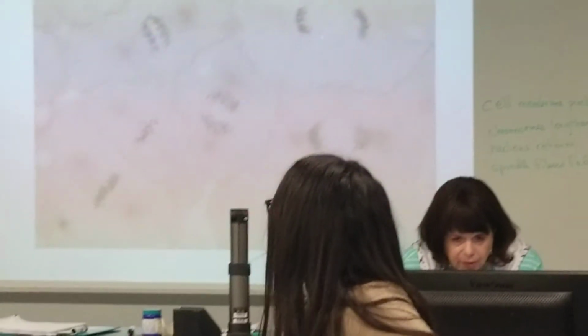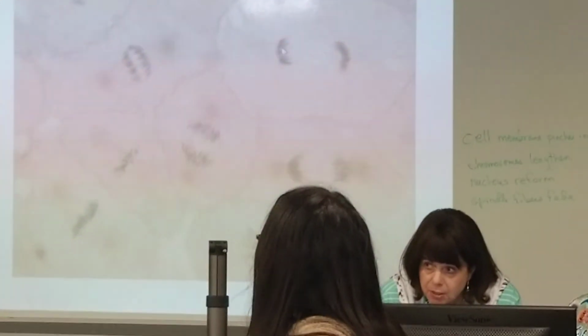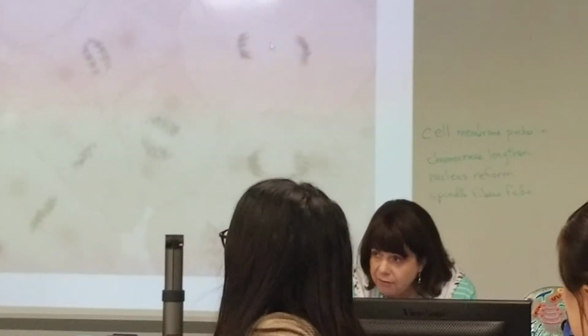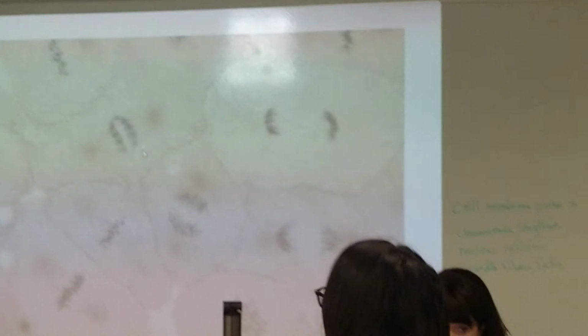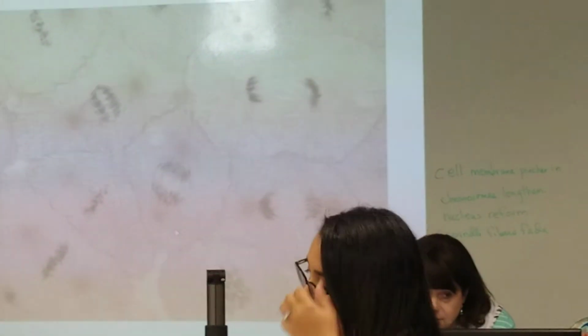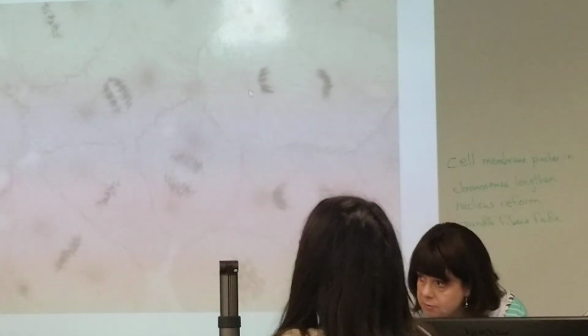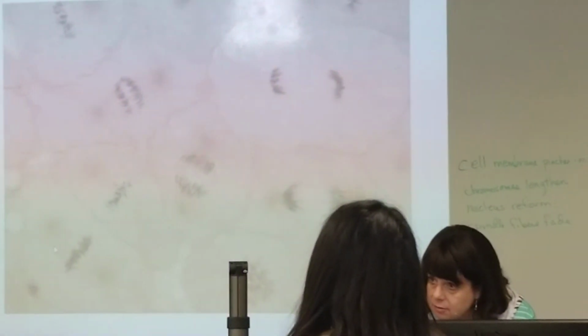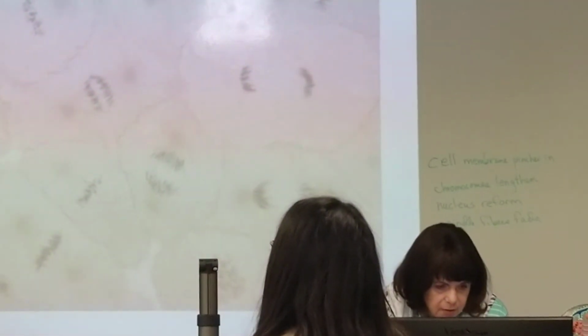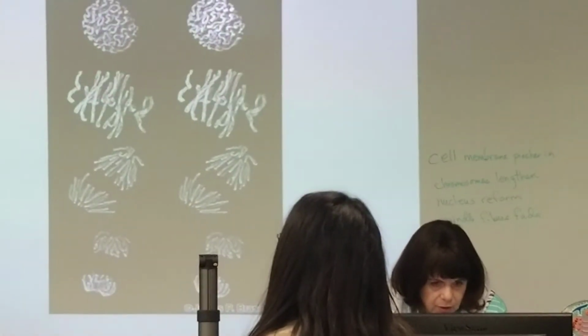And these are your spindle fibers. As long as they're still spindle fibers, people, we haven't completely divided. We're not back in interphase. So you're going to see this slide here in your test. And hopefully you know the phases, because all these are in different phases.